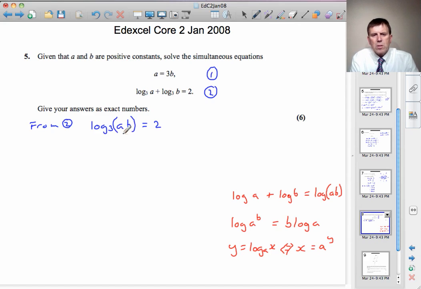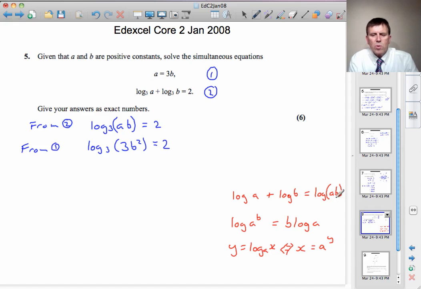And now I can substitute for a from 1. And I get the log to the base 3 of, well, a is 3b, so 3b times b is 3b squared. And that's equal to 2.